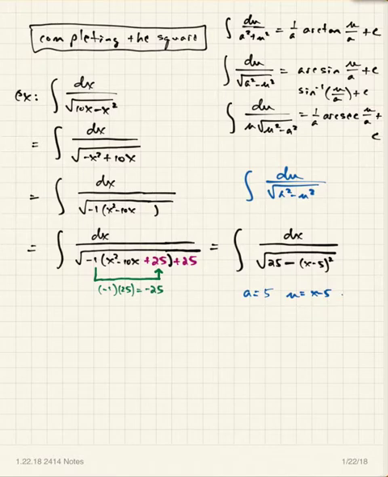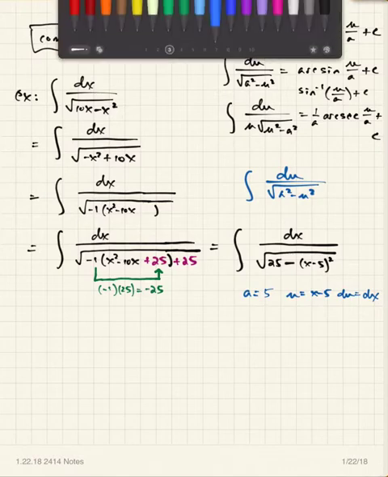And then du has to match up also. If u is x minus 5, then du is defined to be the derivative of x minus 5 dx. But the derivative of x minus 5 is just 1. So du is equal to dx. Boom, it fits that form exactly. It fits the arcsine form exactly.